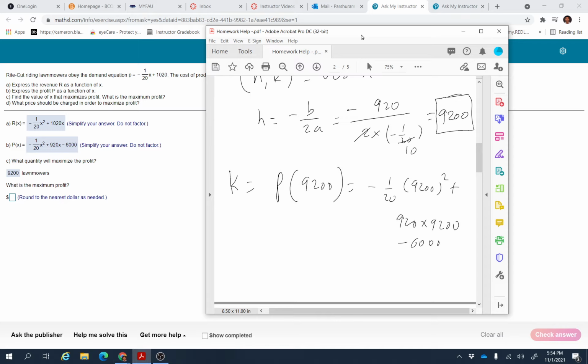There is 9200 squared times 1 over 20, with the minus, plus 920 times 9200, that is another number, minus 6000.